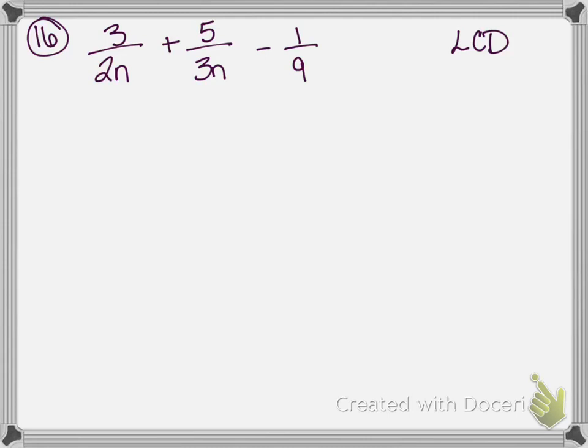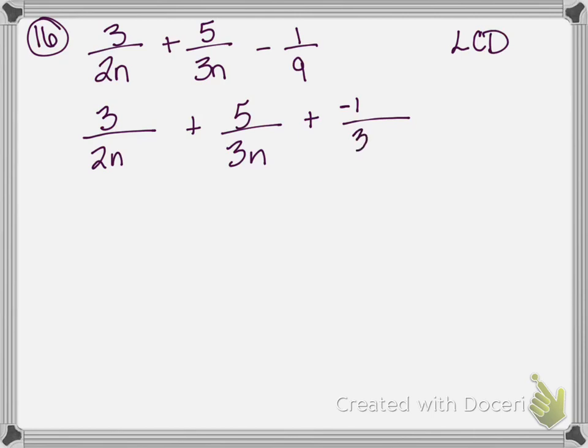I'm going to rewrite this as 3 over 2n plus 5 over 3n. Then I am going to move that negative to the top. So I have plus negative 1/9. Then I'm going to take my 9 and write it as 3 times 3, just so I can visualize all the different numbers that I need in my denominator.